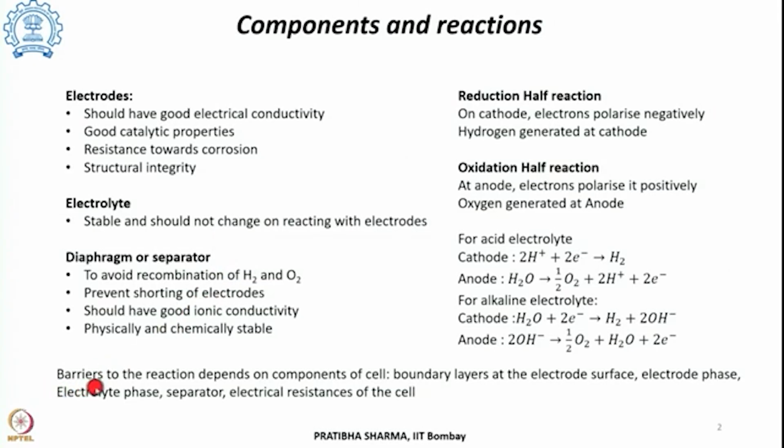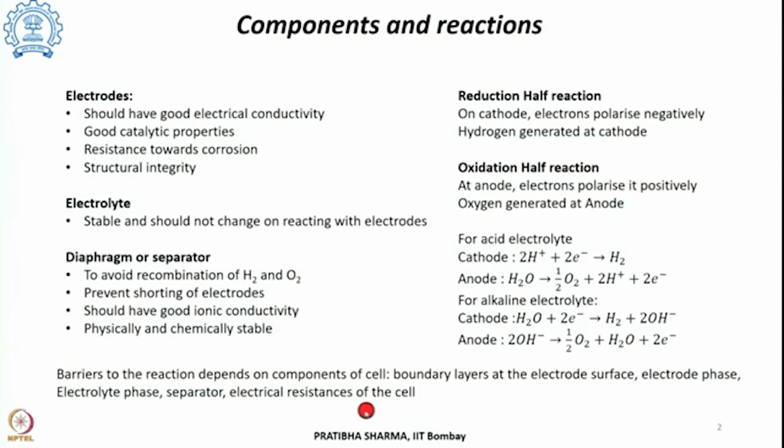If we look at the barriers to the reaction which occurs in the electrolytic cell, that all depends upon the different components of the cell. Now these barriers could be boundary layers being formed at the electrode surface, then the electrode phase, its characteristics, the characteristics of the electrolyte involved, what kind of separator is being used, what are the different electrical resistances involved in the process.